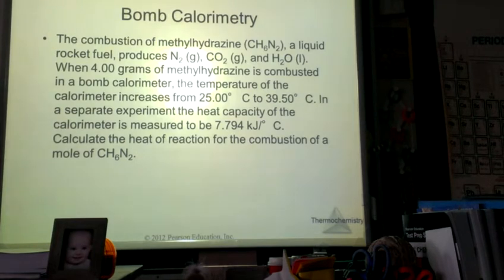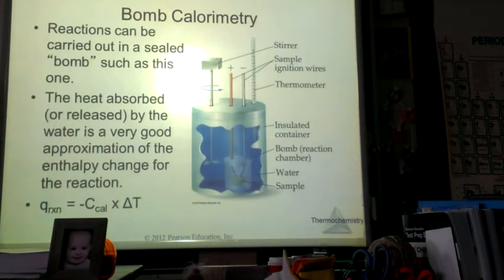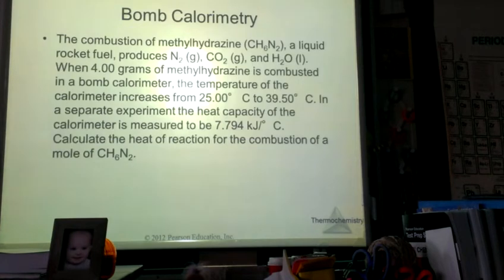Okay, because we're using a bomb calorimeter, we're going to immediately go to Q is equal to Ccal times change in temperature. And we're leaving that negative here because as long as the temperature has increased, the temperature change will be a positive number, so that Q reaction should be a negative. So it means just releasing energy.